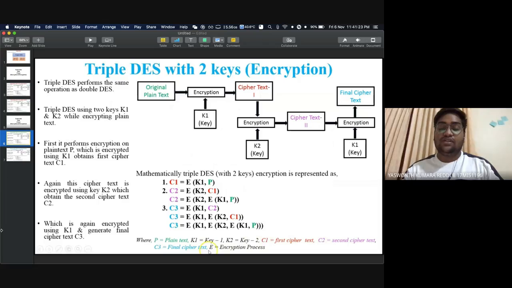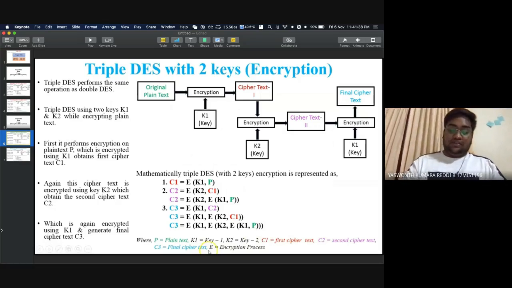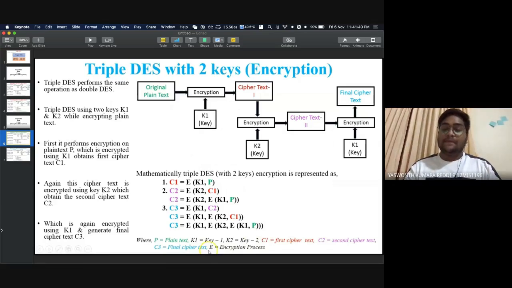The final equation is C3 equals E of K1, E of K2, E of K1, P, where P is the plaintext, K1 and K2 are the keys, C1 is the first ciphertext, C2 is the second ciphertext, C3 is the final ciphertext, and E is encryption.